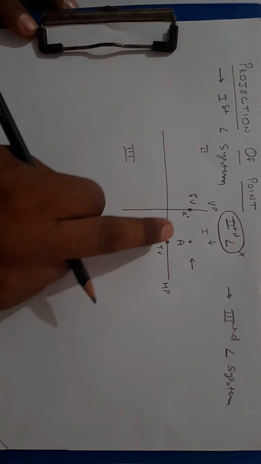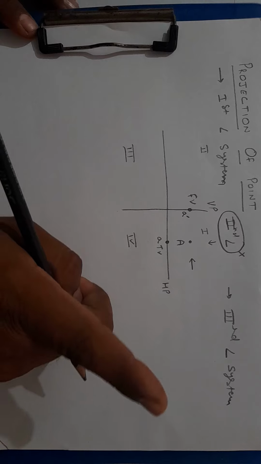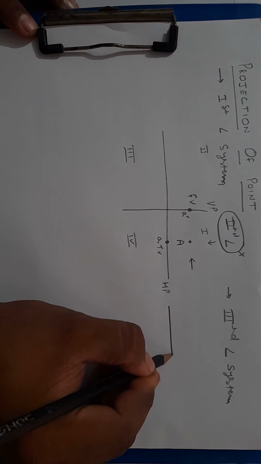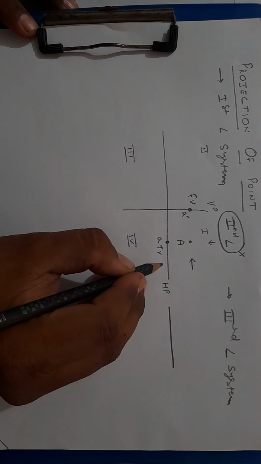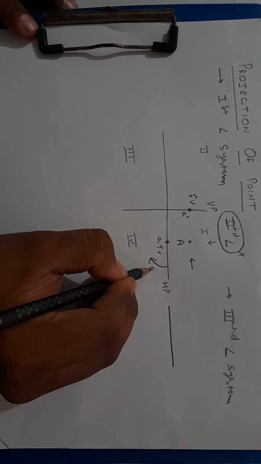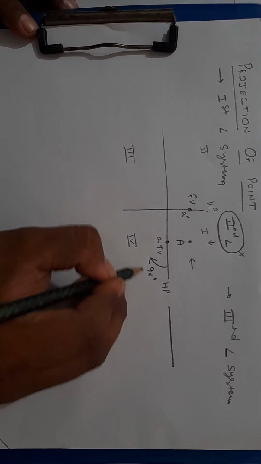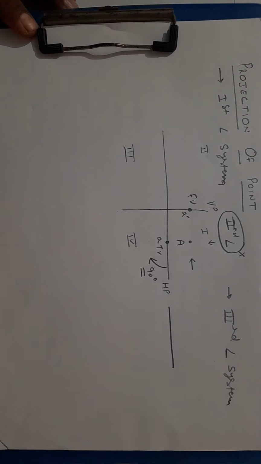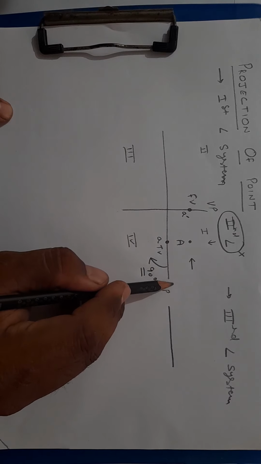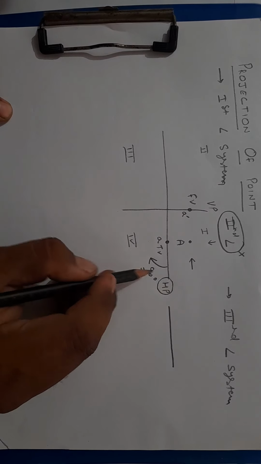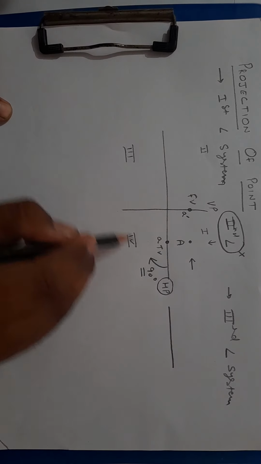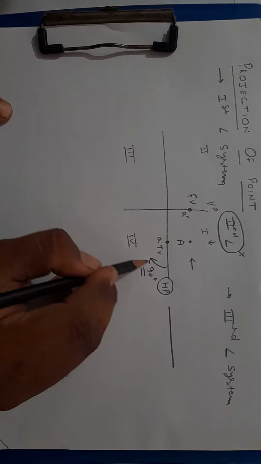To plot this on the sheet, we need to rotate the horizontal plane clockwise by an angle of 90 degrees. I am telling again, we need to rotate the horizontal plane clockwise, in the direction the clock moves, by 90 degrees.